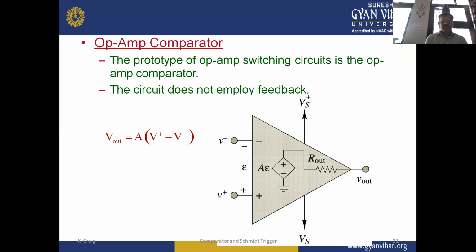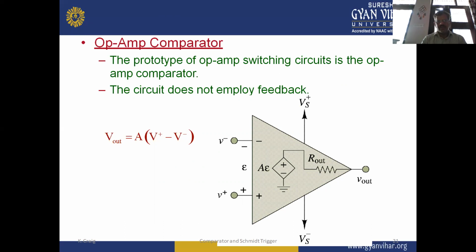So one is the op-amp comparator, the operational amplifier comparator. This is the circuit diagram of the op-amp comparator, in which there are two input terminals, one is the inverting terminal and the second is the non-inverting terminal. The voltage between these two terminals is the differential input voltage. The prototype of an op-amp switching circuit is the op-amp comparator.